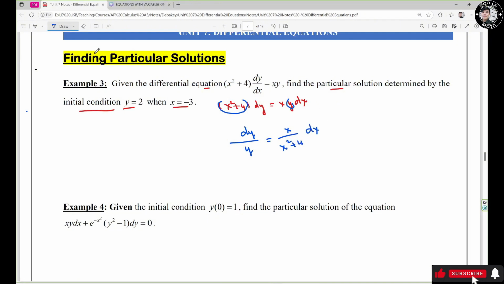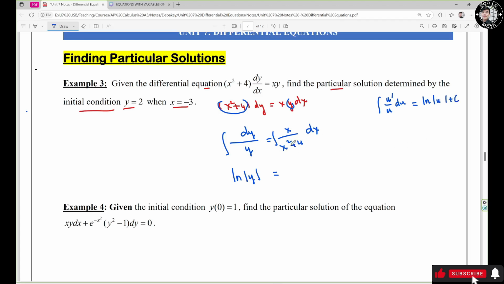Now I need to take the antiderivative of both sides, so it's going to be like this, right? So the antiderivative of dy over y is going to be natural log of absolute value of y equals. Now for the antiderivative of this one, observe that we have the formula u prime over u, the integral equals natural log of absolute value of u plus c, right?